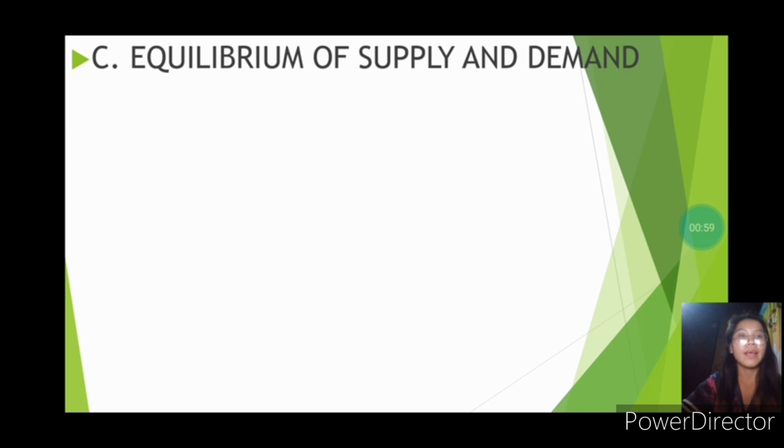So next is the equilibrium of supply and demand in a competitive market. Equilibrium of supply and demand occurs when the forces of supply and demand are in balance. The equilibrium price is the price at which the quantity demanded just equals the quantity supplied.